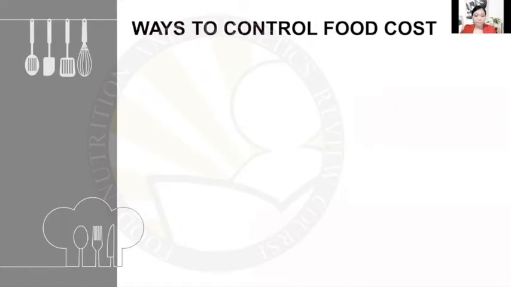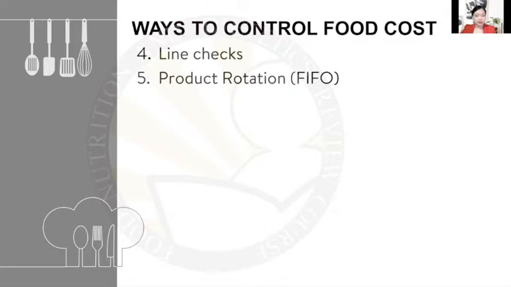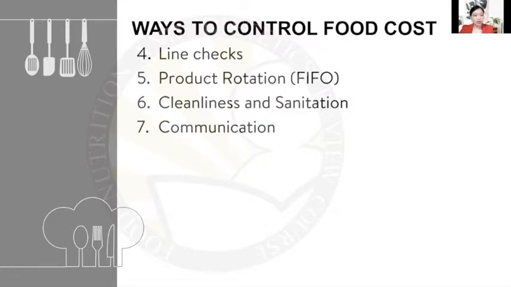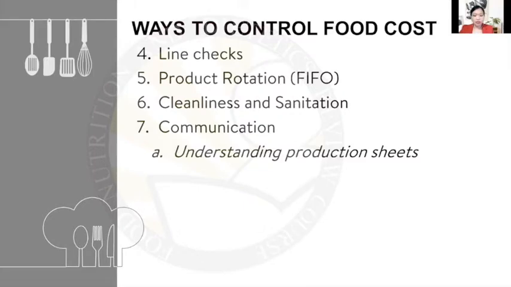Other ways to control food costs include line checks, product rotation, cleanliness and sanitation, and communication, in such a way that we always make sure that we understand the information in our production sheets.